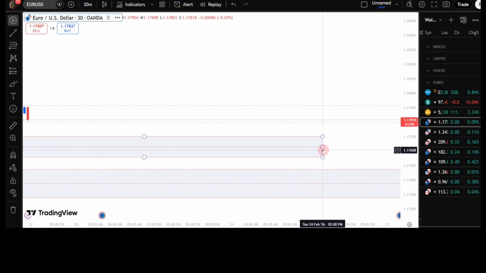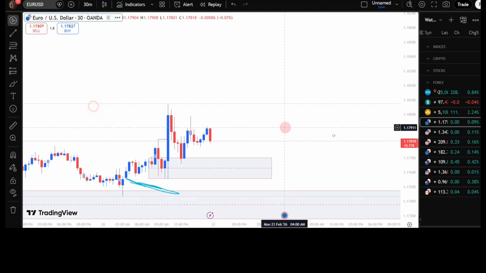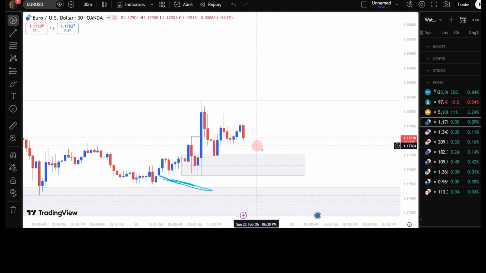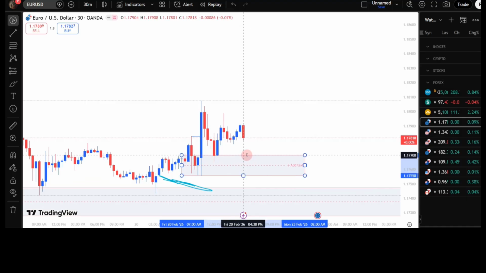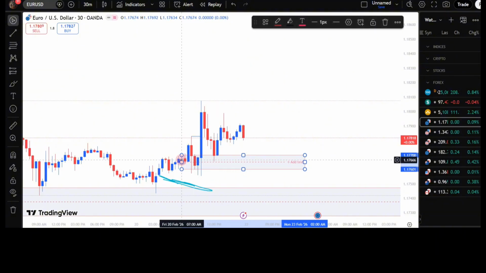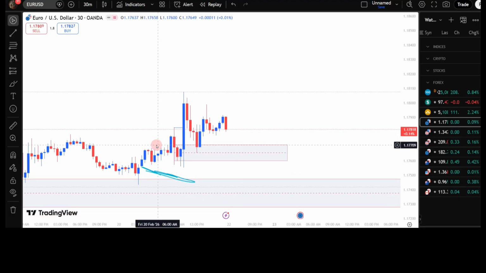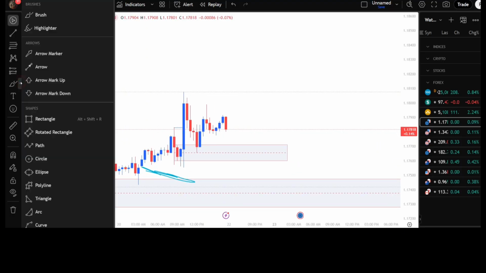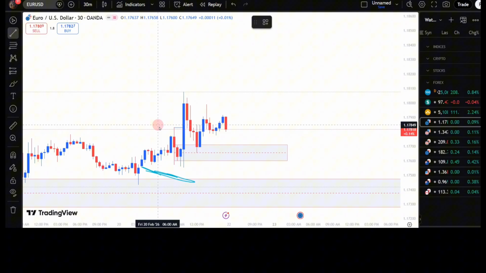That could have been, sorry, it's okay. It could have been a perfect trade. Sometimes we need to know what you are looking for in the market. If we are looking for an order block to trade, this is a perfect place to actually trade.